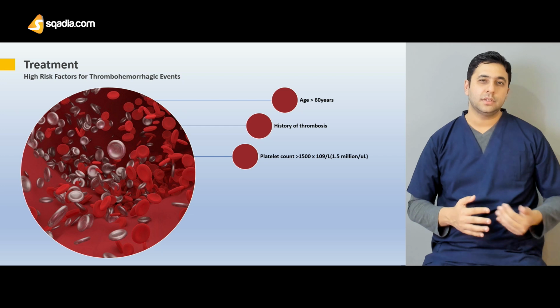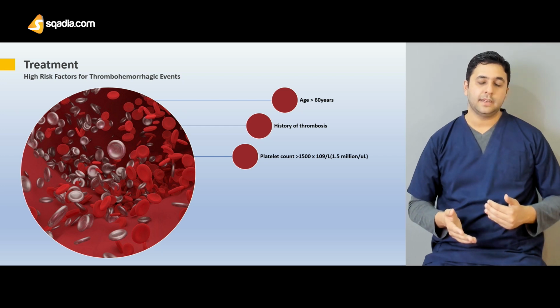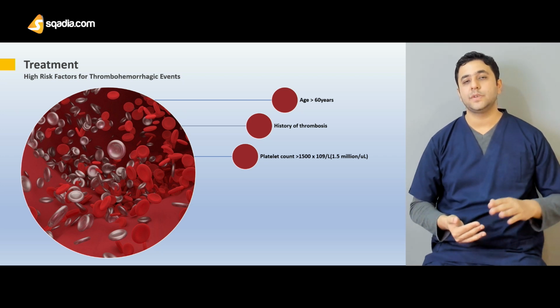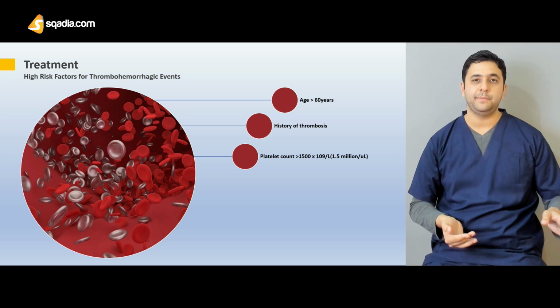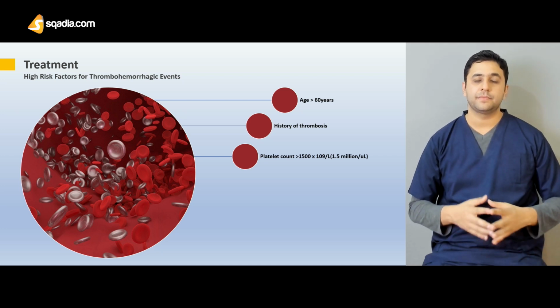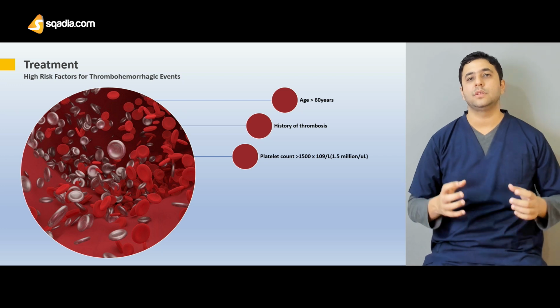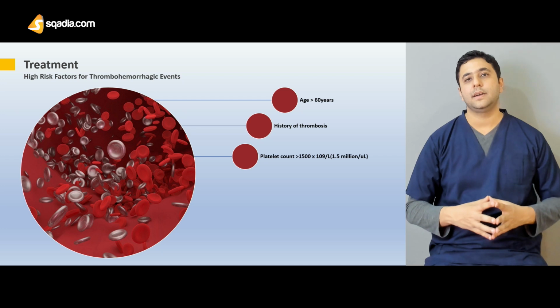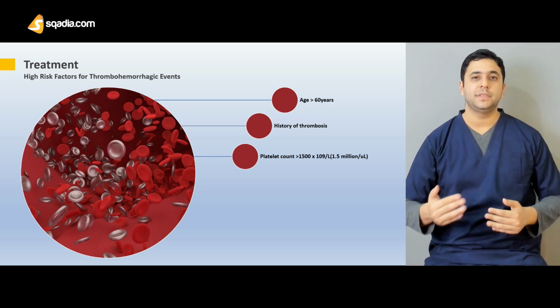Generally, a platelet count just above a million, for example 1.1 or 1.2 million, is a risk factor for hemorrhage. But as we go upwards of 1.5 or 2 million, thrombotic events can also come into the picture because of increased coagulation or increased pooling of platelets, which leads to a problem in the flow of the blood.